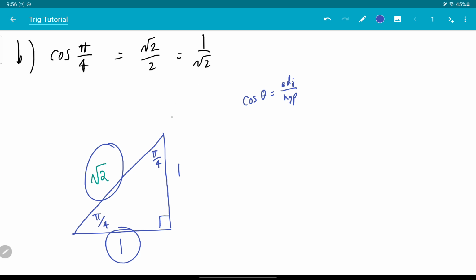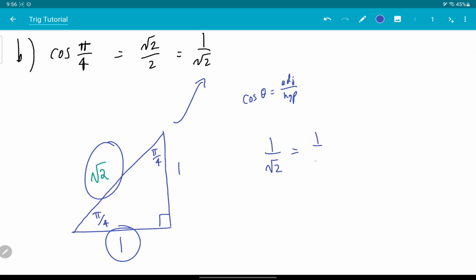So I'm very quickly able to get this 1 over root 2 here. Now that turns out to be the same thing as root 2 over 2. Let's see why. If I have 1 over root 2, you can rationalize the denominator, and you get root 2 over 2.